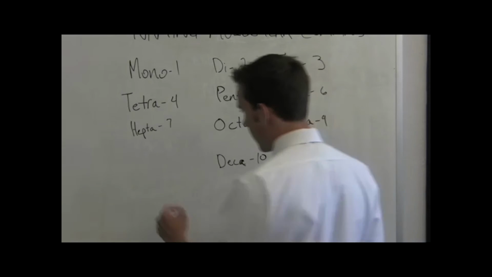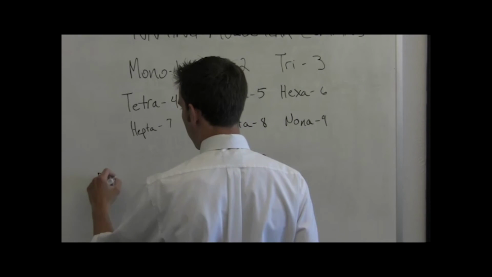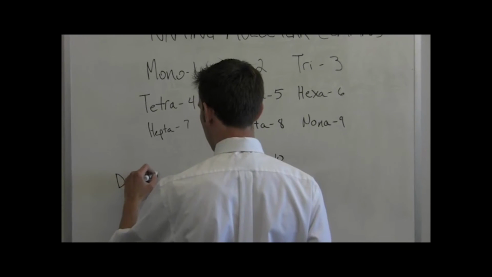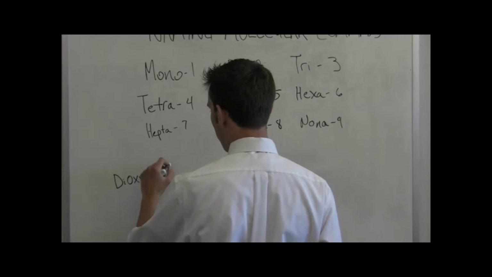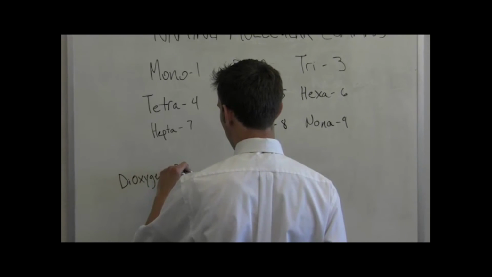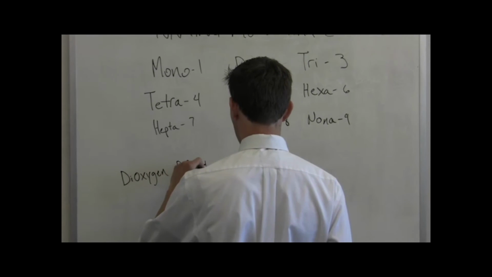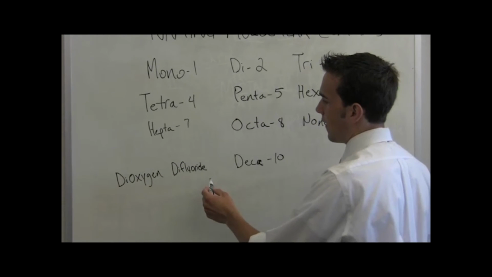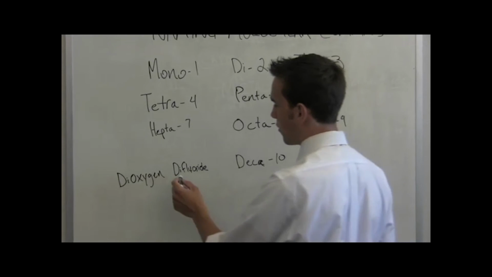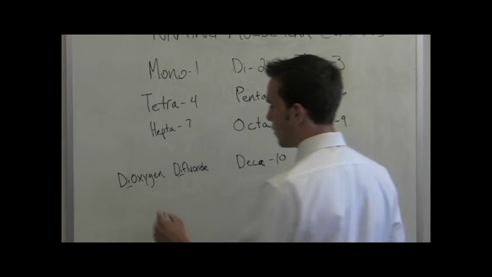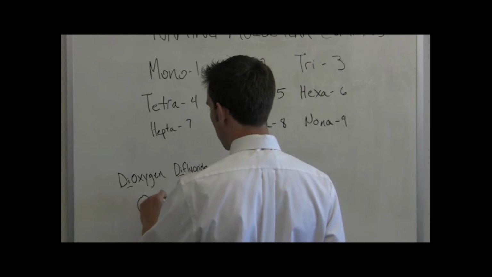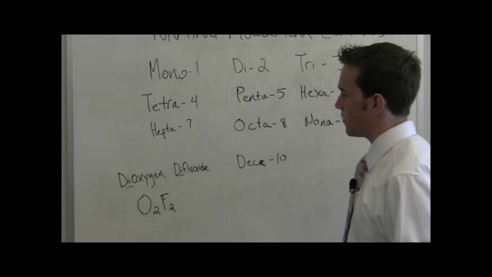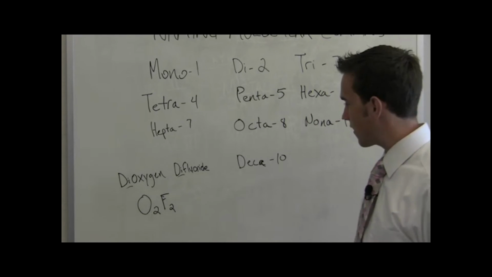For example, if you had dioxygen difluoride, you could say, oh, we have oxygen and fluorine, and well, fluoride, and di. So there's going to be 2 of each. So O2 and F2. Dioxygen difluoride. That's what that compound will look like.